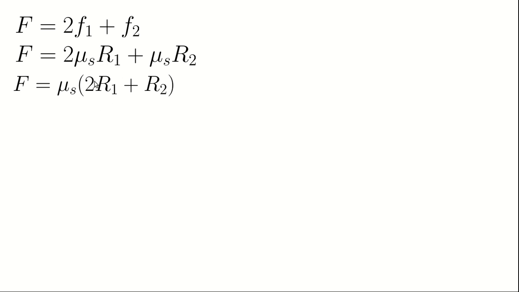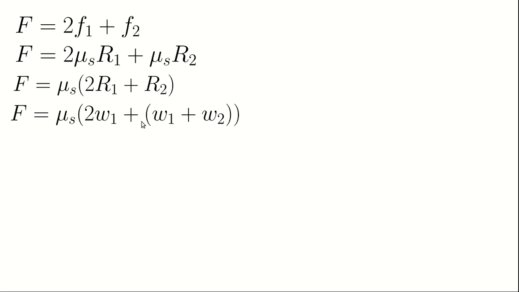We have already seen that R1, which is the reaction, is equal to the weight of the smaller block, while R2, which is the reaction, is equal to the weight of the smaller block plus the bigger block together. That gives us 2R1 equal to 2W1, plus R2 is W1 plus W2, right?